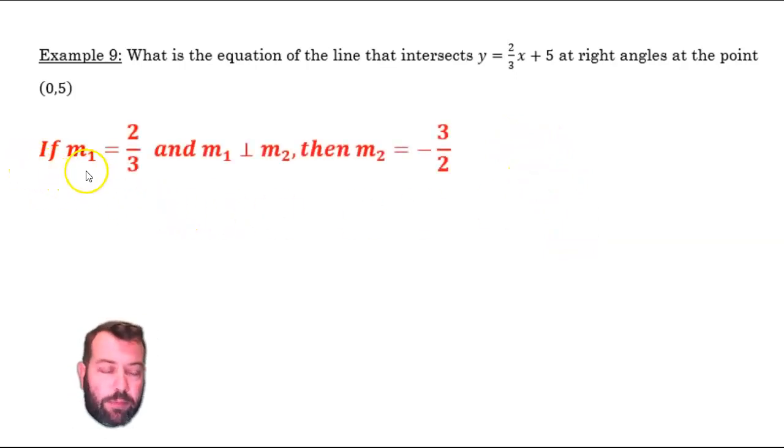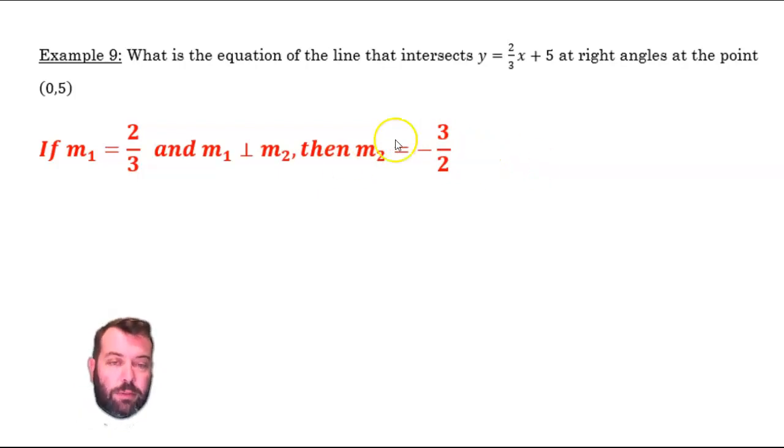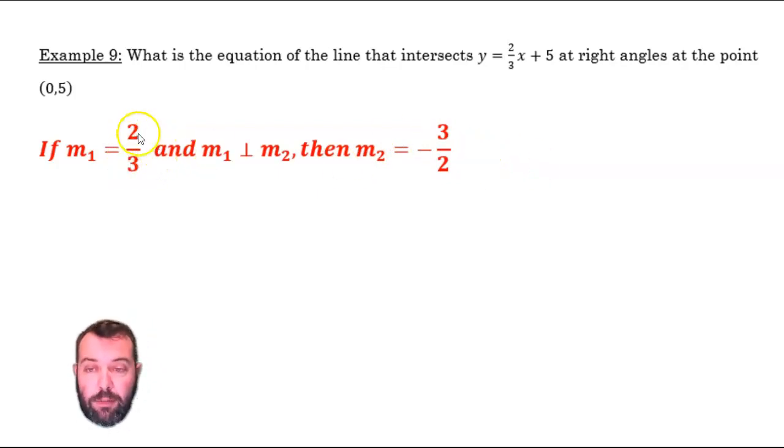So if my first gradient is 2/3, and m1 is perpendicular to m2, that's what this little symbol means, then we could say the product equals -1 and do some algebra, but frankly, I flip this upside down, find the reciprocal, and change the sign, so -3/2. So there we go, I've got the gradient now.